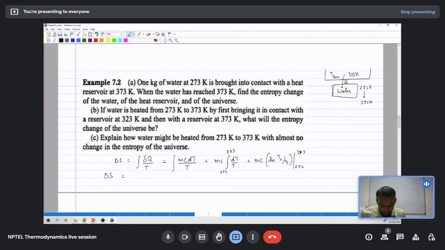So m is 1, it's given as 1 kg of water, and C for water is 4.187 kilojoule per kg Kelvin. So then we write the value of C, 4.187 into ln of 373 by 273.